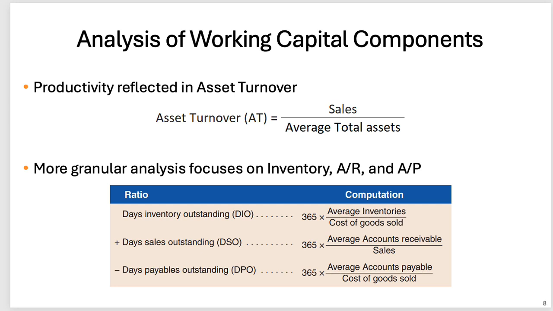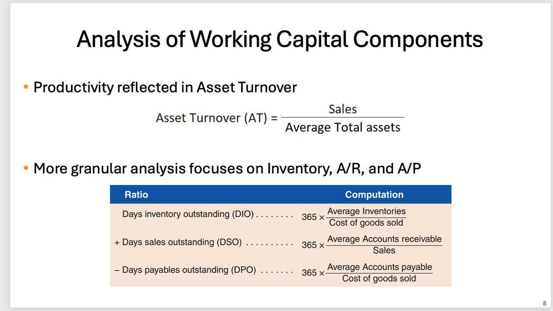Now, when we turn our attention away from profitability onto productivity, one of the first things we're looking at is productivity reflected in asset turnover. Reminder, the basic calculation is your level of sales revenue divided by the average level of total assets. Again, just as a point of review, you take the level of total assets at the beginning of the period, add them to the assets at the end of the period, and divide by 2 to reach a mathematical average.